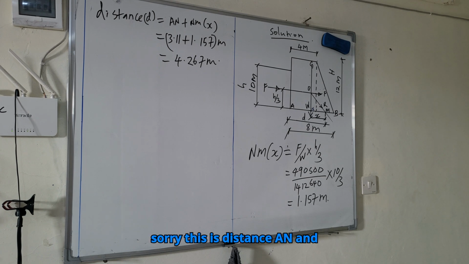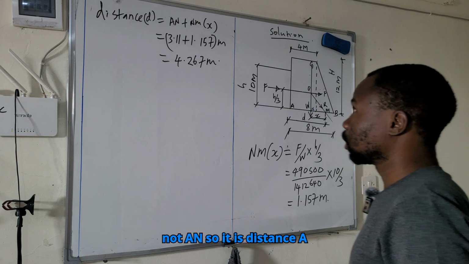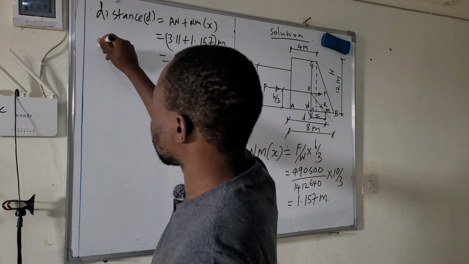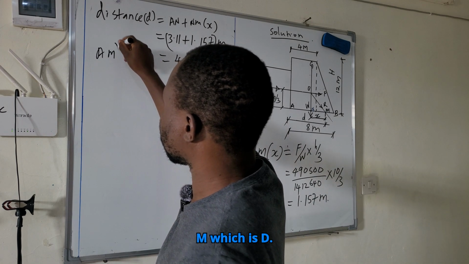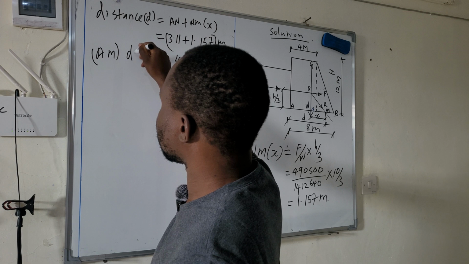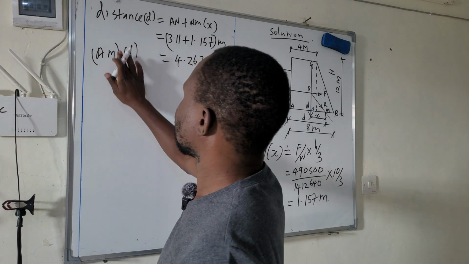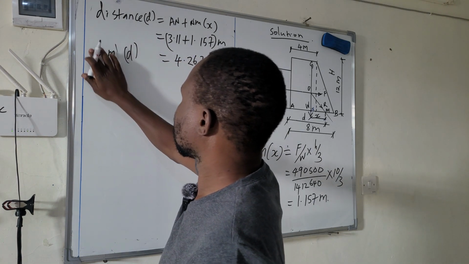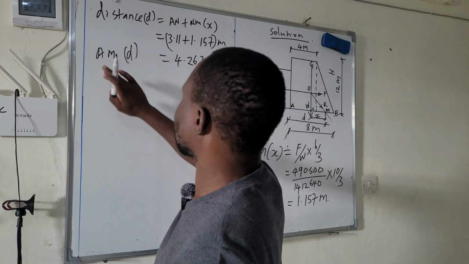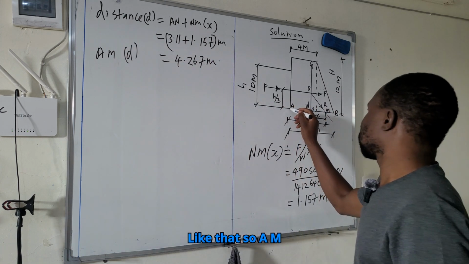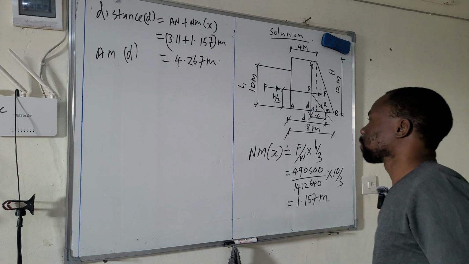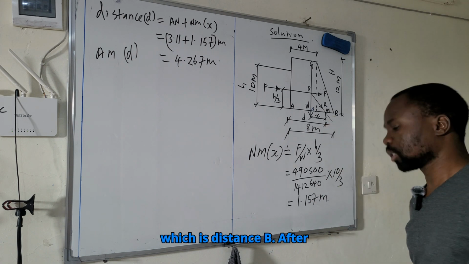Sorry, this is distance AM and not AN. So it is distance AM, which is D.